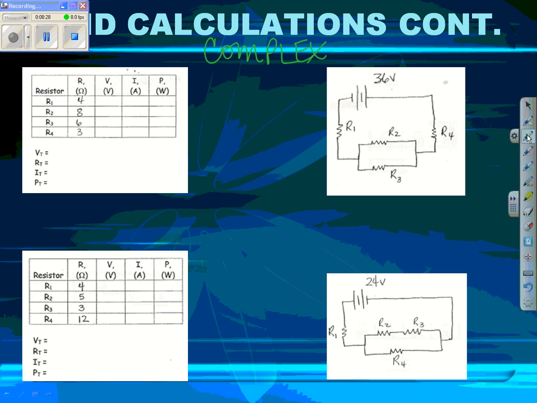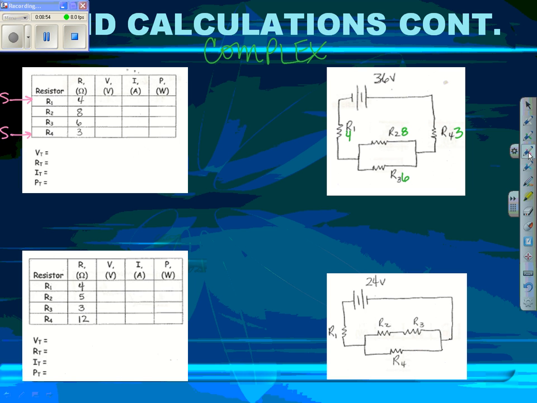Okay, so we went ahead and wrote down our information. I'm going to transfer it to my grid over here. So R1 is 4, and R2 is 8, and R3 is 6, and R4 is 3. All right, I'm also going to mark which resistors are in series and parallel. My series resistors are going to be R1 and R4.